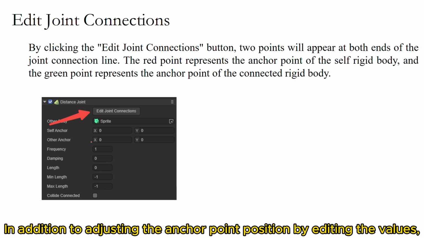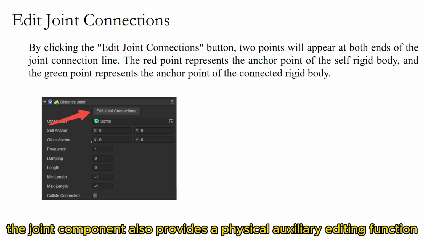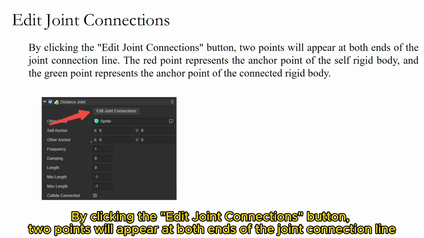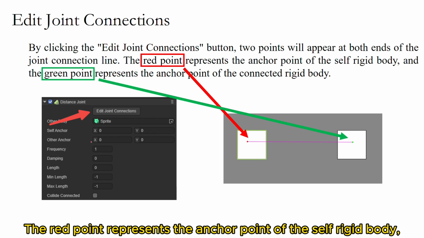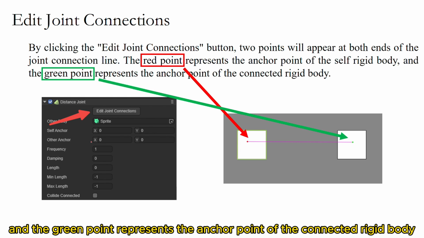In addition to adjusting the anchor point position by editing the values, the joint component also provides a physical auxiliary editing function. By clicking the Edit Joint Connections button, 2 points will appear at both ends of the joint connection line. The red point represents the anchor point of the self-rigid body, and the green point represents the anchor point of the connected rigid body.